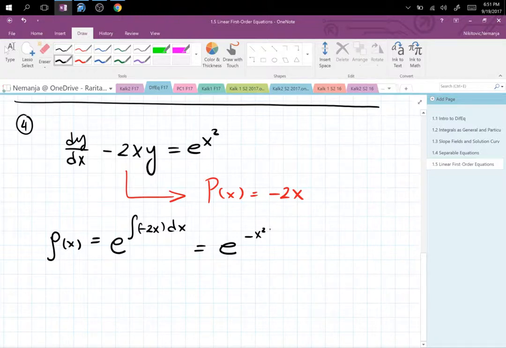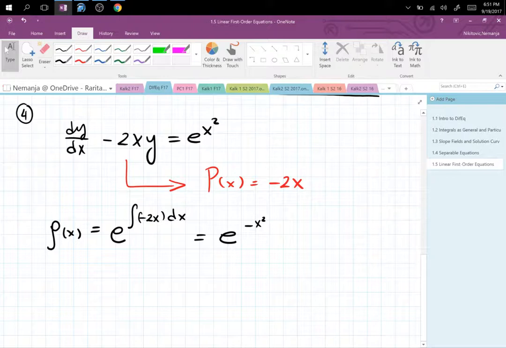We're not going to use plus c in this situation because there will be a plus c once we are done with the differential equation. So we just need the antiderivative in this case. Yeah, for this calculation. So now we learned that rho of x is e to the negative x squared.